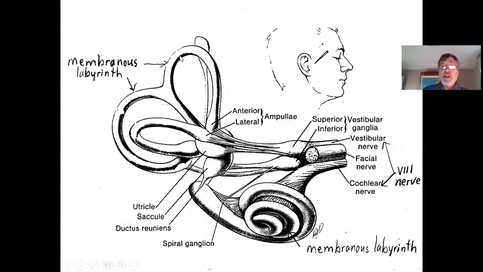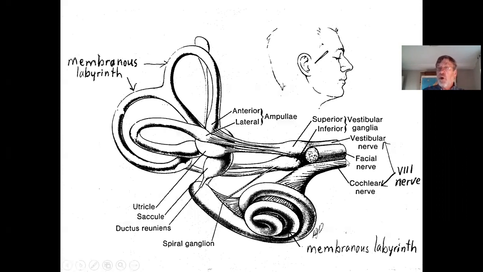Okay, here you can see the balance organs, the utricle and saccule, and the three semicircular canals, and they also have neuron portions that go along the eighth nerve. So there's the vestibular area of the eighth nerve and the auditory area of the eighth nerve.